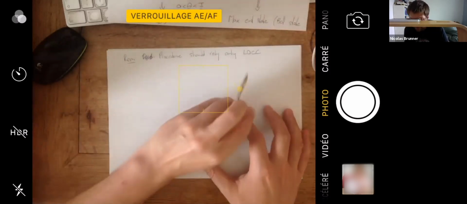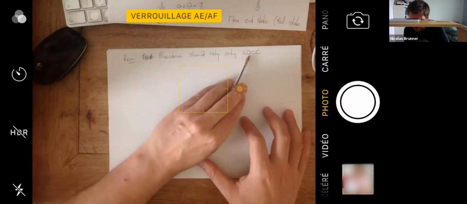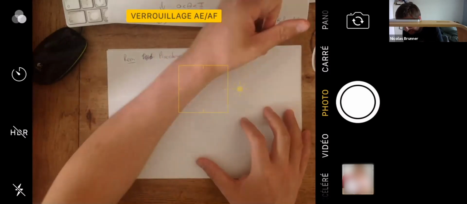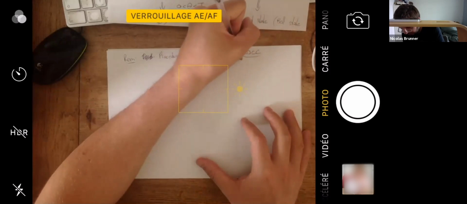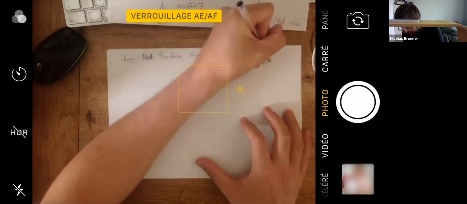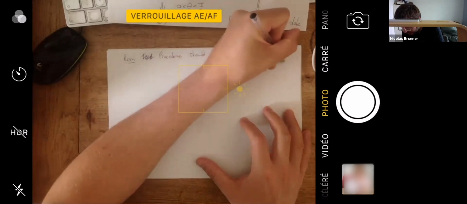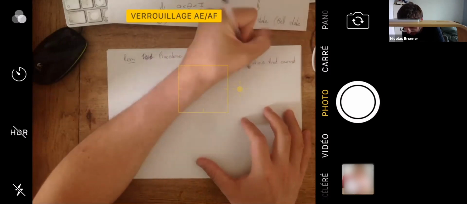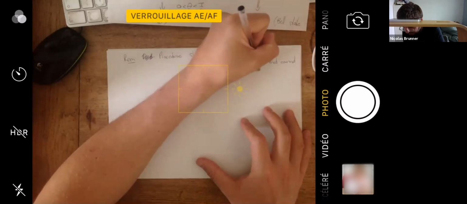Okay, so remember, LOCC means local operation and classical communication. So these are the operations that cannot increase entanglement.